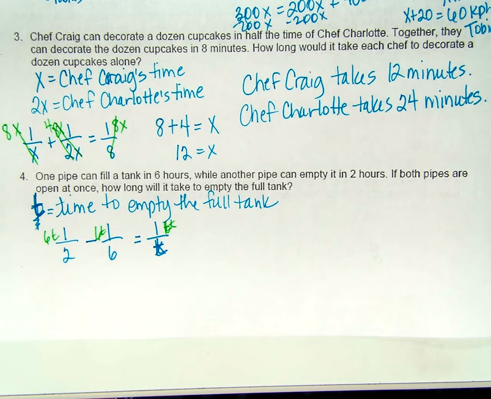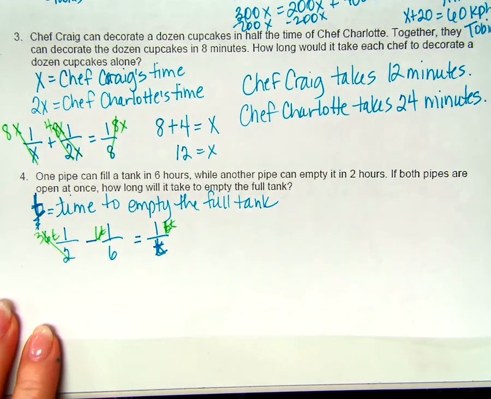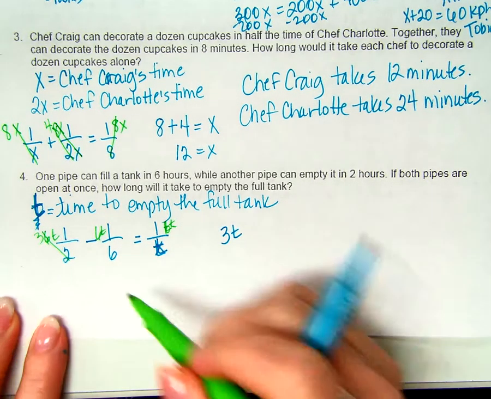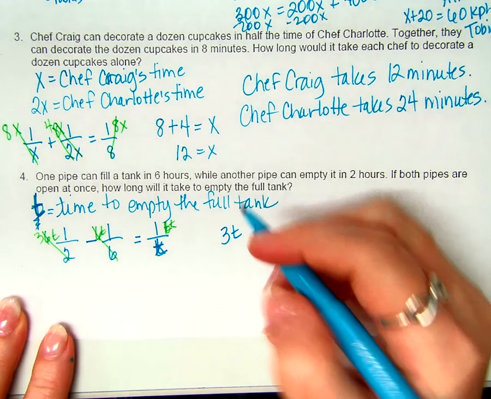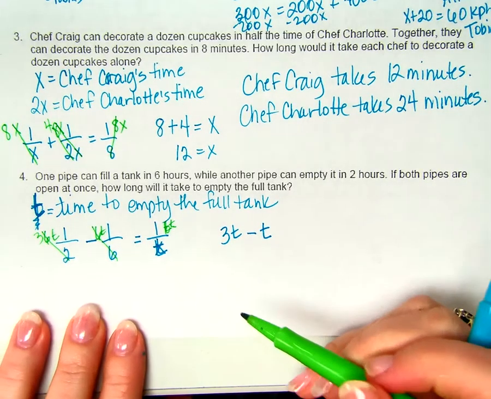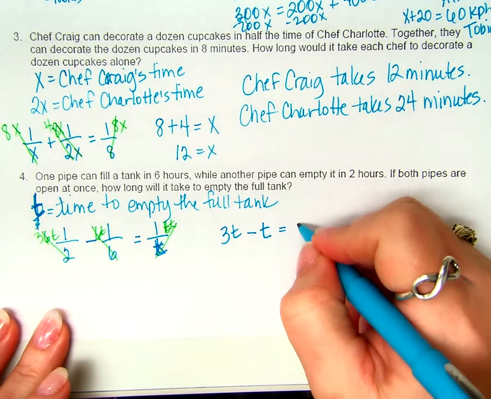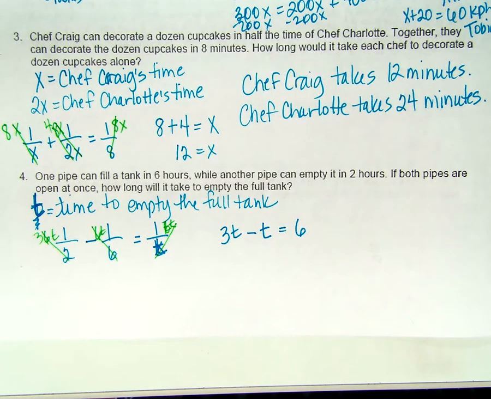What happens in the first fraction? Do I eliminate my denominator? Yeah, and I have 3 left over, so I have 3T. What happens in the second one? 6 is eliminated. What's left over? T, so minus T. What happens in the last part? T's are eliminated, aren't they? T divided by T is 1, so I am left with 6. Does anybody know what 3T minus T equals?